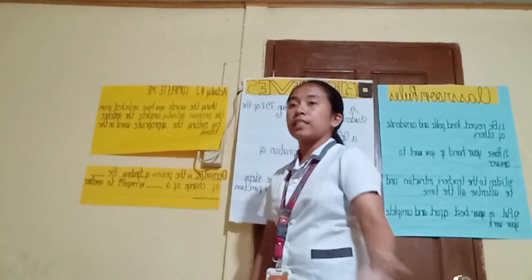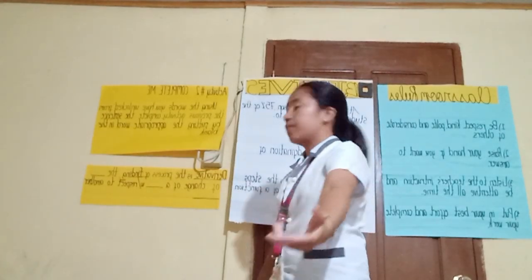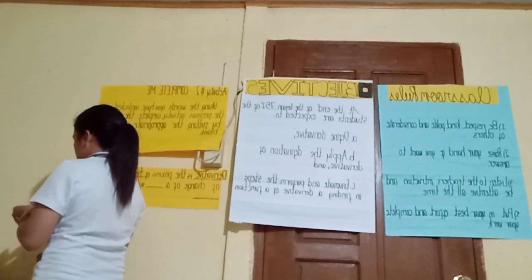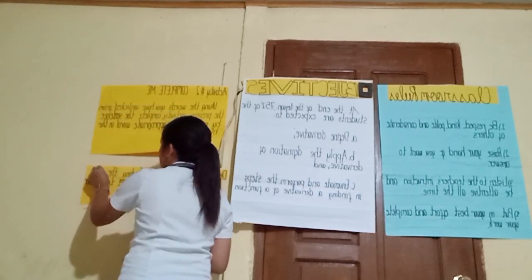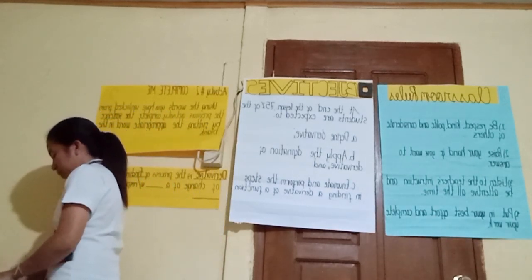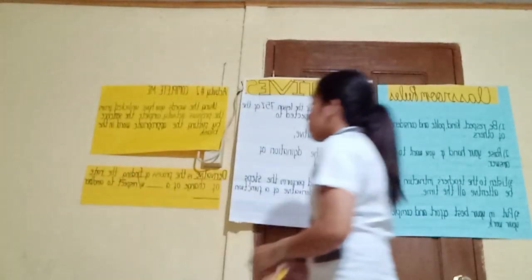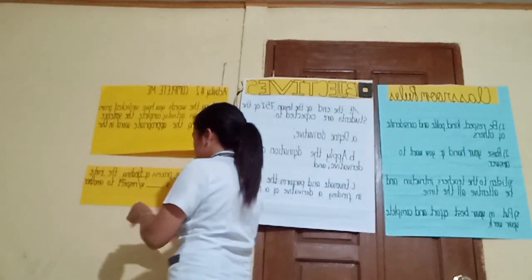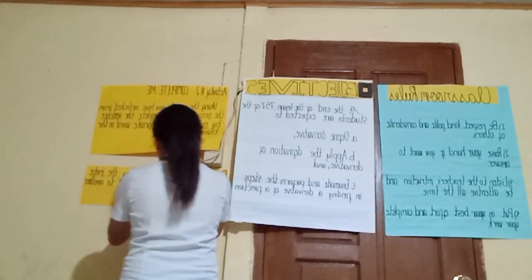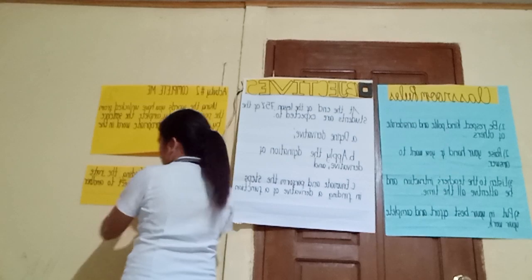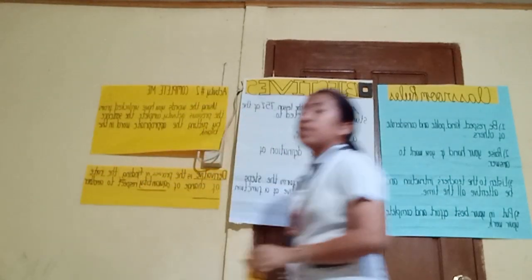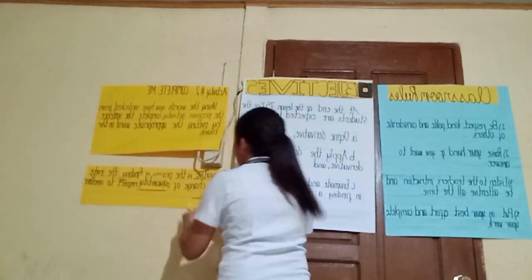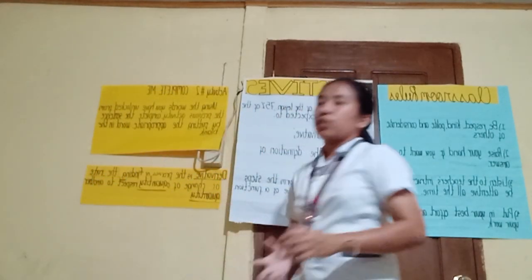The third one is rate. Very good, the answer is rate. The fourth is what? Very good, quantity. And the last one is another quantity. Correct, all the groups are correct.